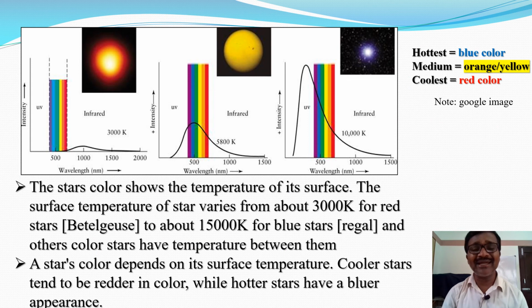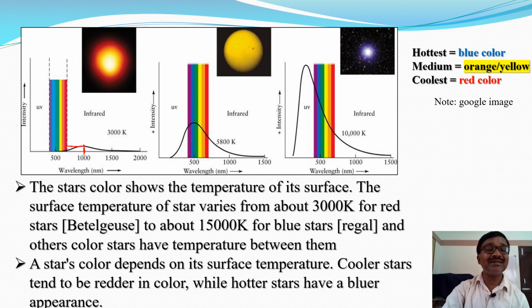From the last slide, what we learn is that the most intense radiation we get from a particular hot body is at a particular wavelength, and that wavelength decides the color. Let me explain this picture, this is the lambda peak.